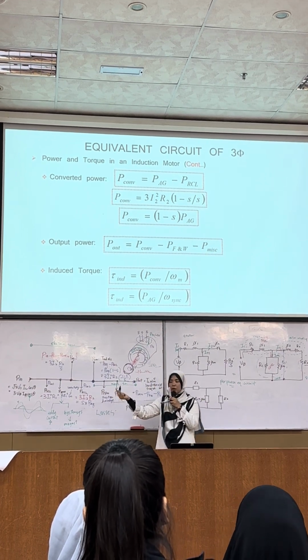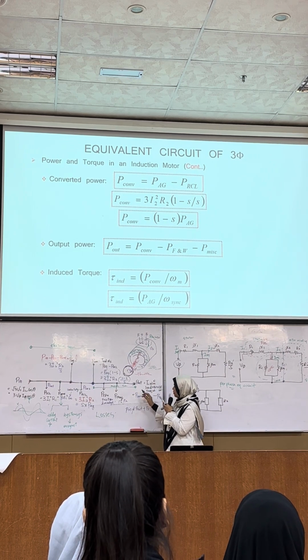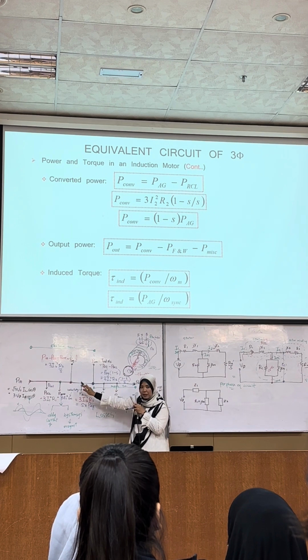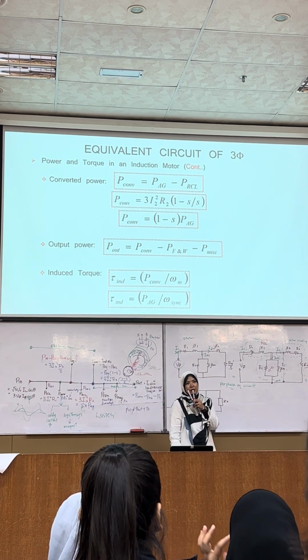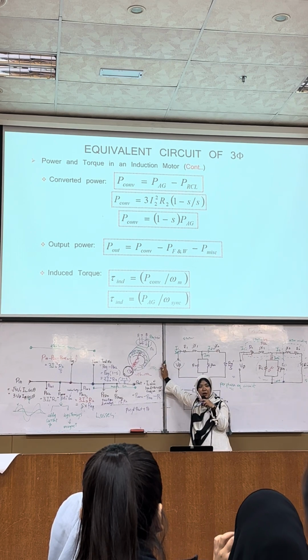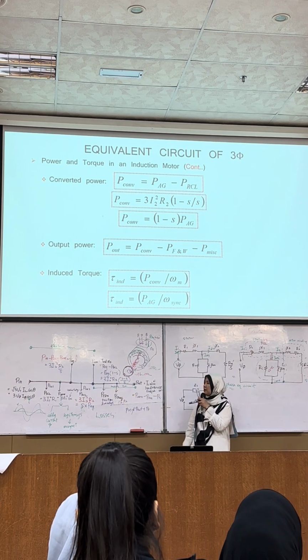Slip, torque, speed, itu semua mechanical term. Okay. So to integrate between mechanical and electrical, kita akan masukkan slip component dalam equation. If you hardworking enough, you can derive macam mana boleh dapat dia, ada derivation dia.